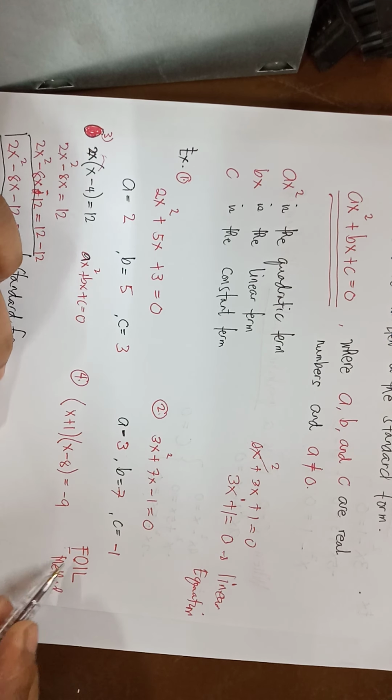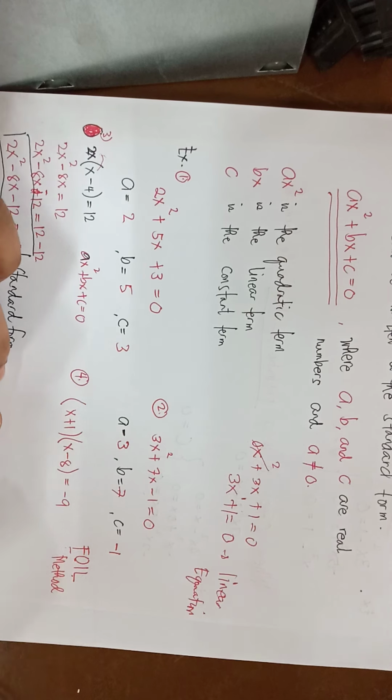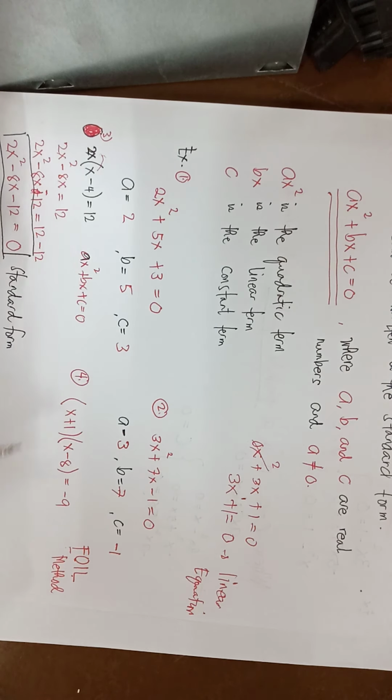O stands for outer terms, so we are going to multiply the outer terms. I stands for the inner terms, and lastly the L stands for last terms. We are going to multiply the last terms of the binomial. So these two, x plus 1 and x minus 8, are called binomials because they have two terms each.